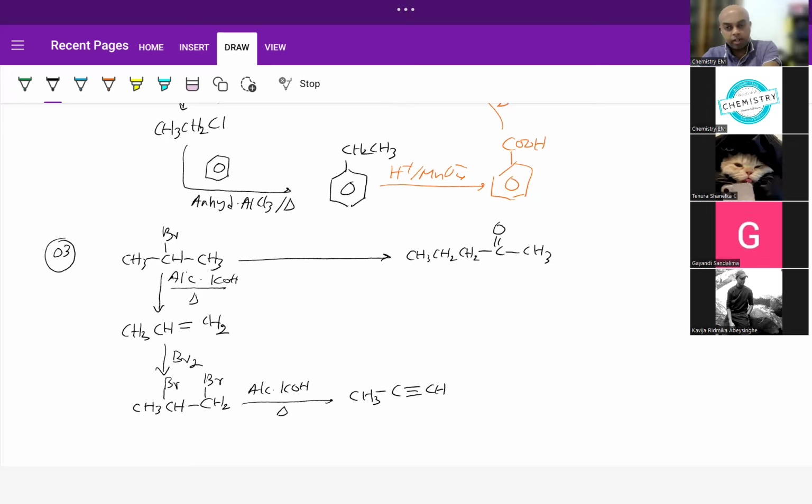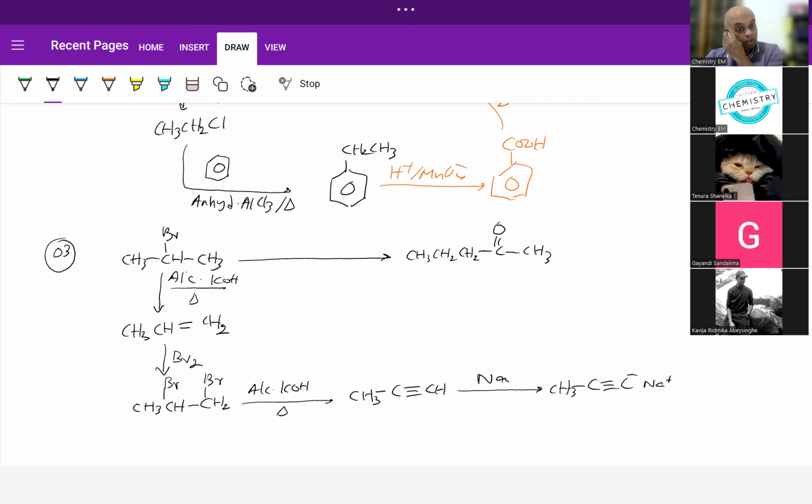I can add this one through sodium, or I can add this one through silver, or any other way. Copper, you can use any way, right? So what I shall do is, I am converting this one into sodium. I'm adding sodium to this one. CH3C triple bond C Na.